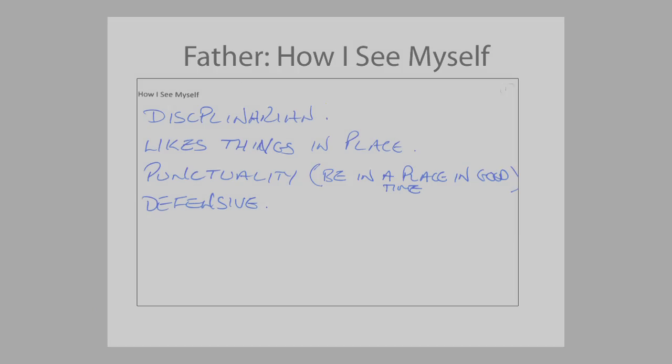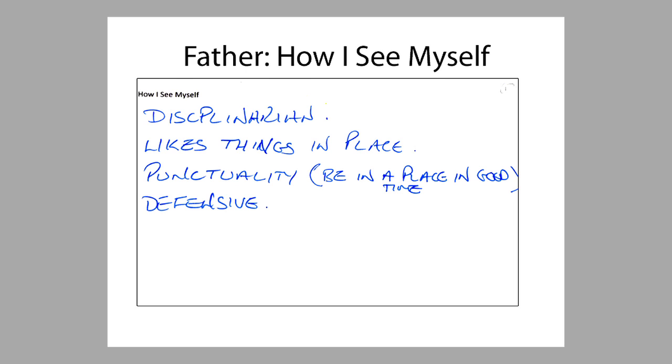If for a minute we look at father's peg, we won't have time to look at all these, but if we look at how he actually wrote down his description of himself, it says, disciplinarian, likes things in their place, punctuality is important, you should be in the right place at the right time, and defensive too.